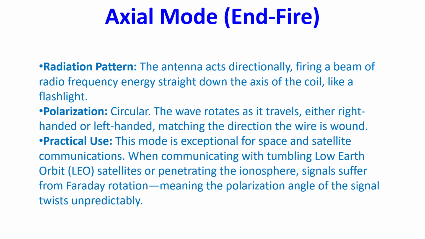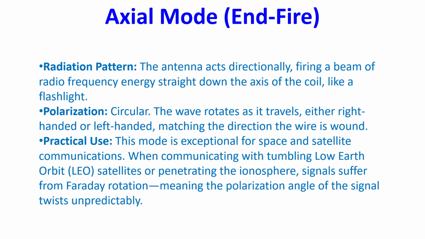Polarization: circular. The wave rotates as it travels, either right-handed or left-handed, matching the direction the wire is wound. Practical use: this mode is exceptional for space and satellite communications.